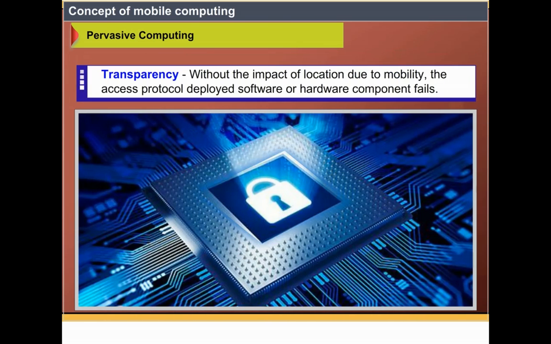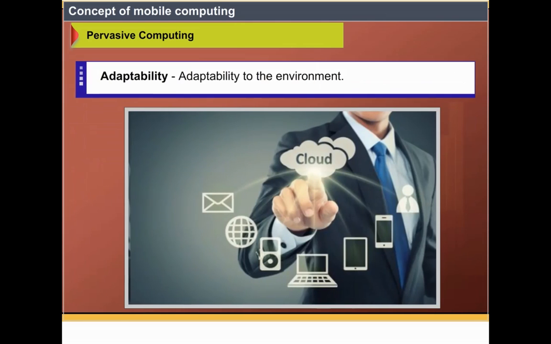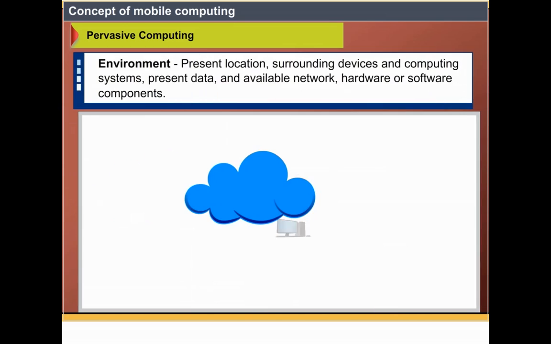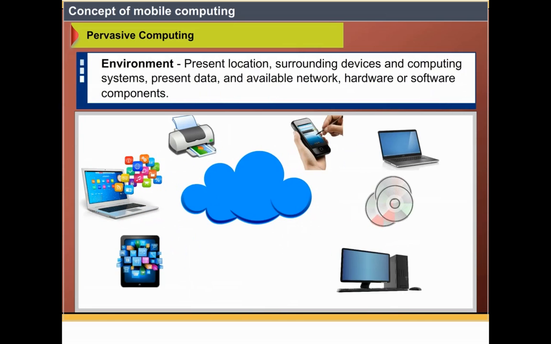Transparency: without the impact of location due to mobility, the access protocol deployed, software or hardware component failure. Adaptability: adaptability to the environment. Environment: present location, surrounding devices and computing systems, present data, available network, hardware or software components.